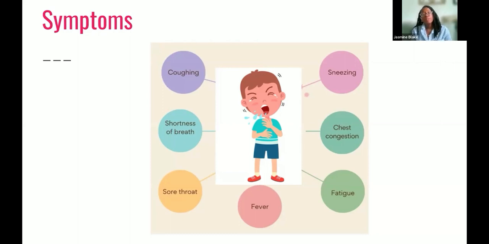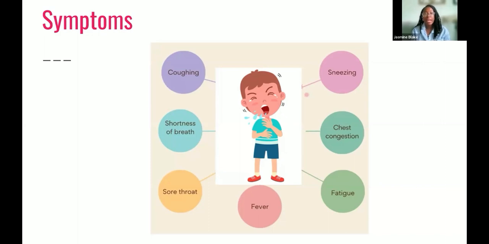And fevers. Fever in kids is very common. I think that in adults, our immune systems are not as strong as when we are kids. So for children, fever is very, very common whenever they have any sort of infection. And fevers can be very high, up to 104, 105, and that's common for children.